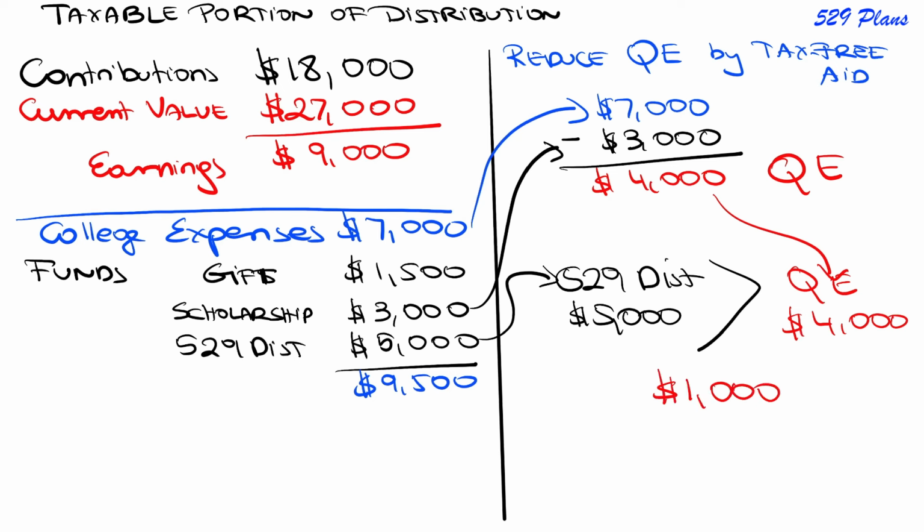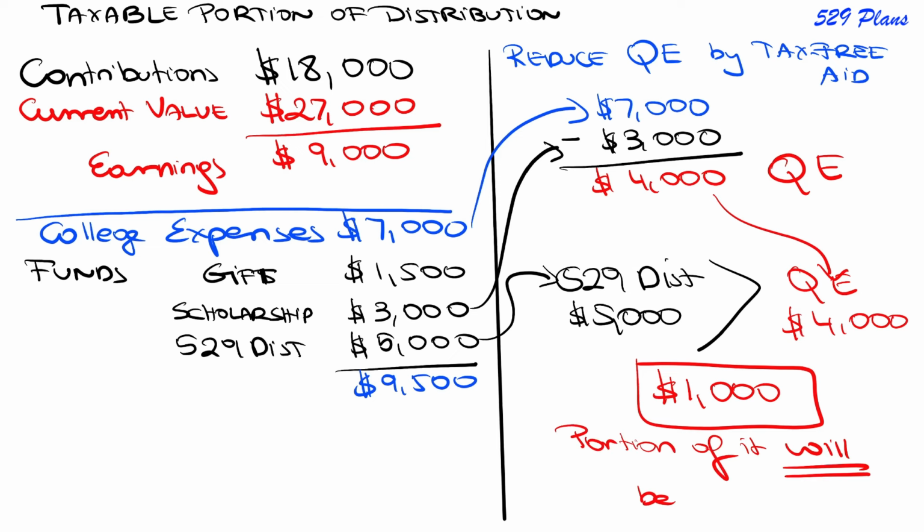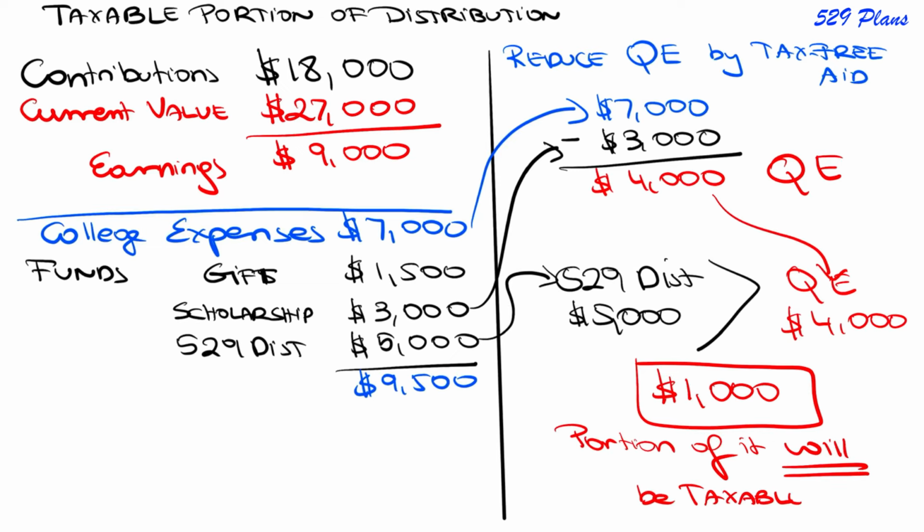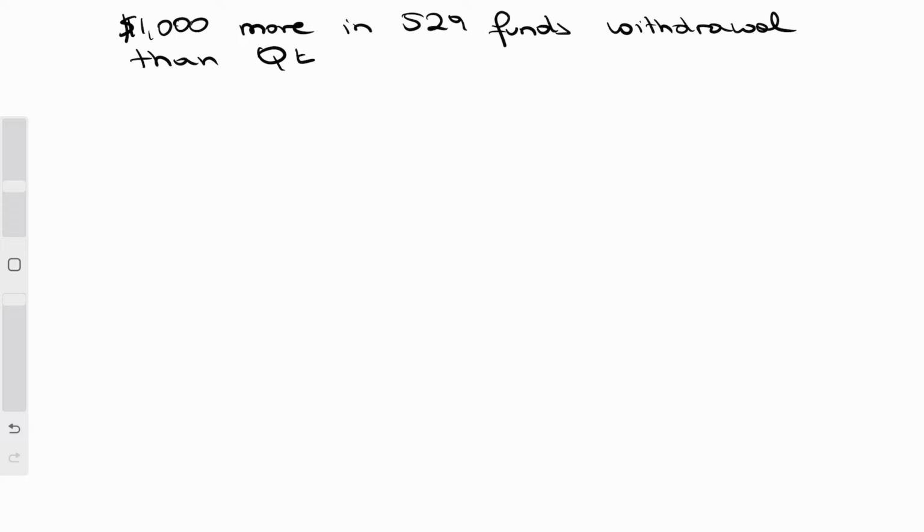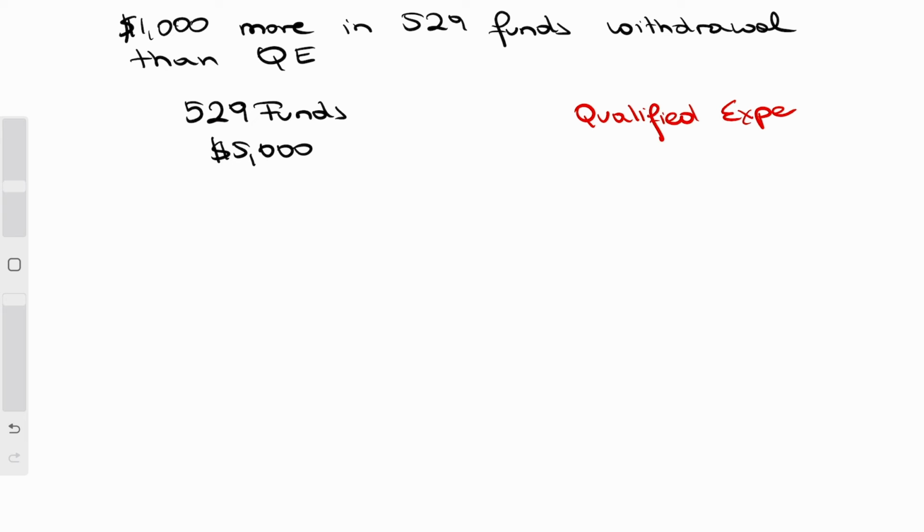We took out $1,000 more of the 529 funds than we needed. So a portion of it will be taxable, not the entire amount, because a portion of it is also a return of principal. So let's calculate the taxable amount of the $1,000 of 529 funds that were withdrawn above the qualified expenses.